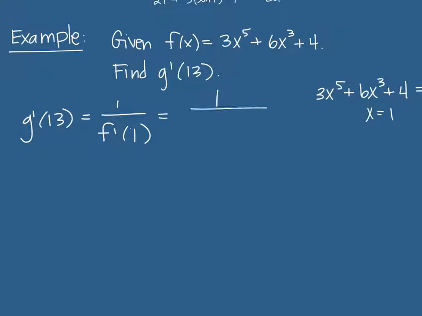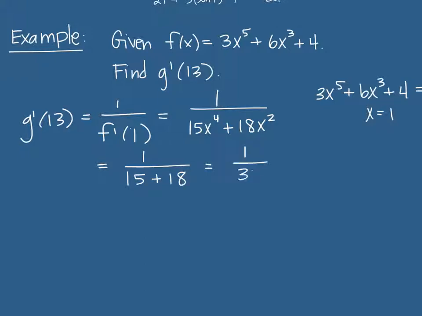And so now I need to find the derivative. The derivative of 3x to the 5th is 15x to the 4th. The derivative of 6x cubed is 18x squared. And then the derivative of 4 is 0. If I plug 1 into that, I'll have 1 over 15 plus 18.